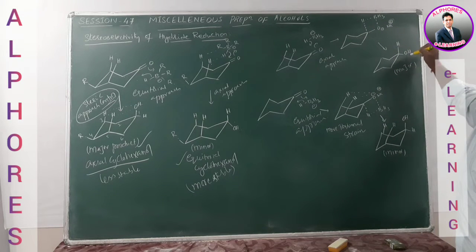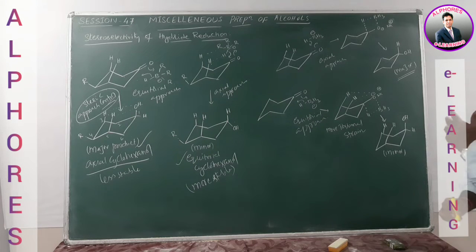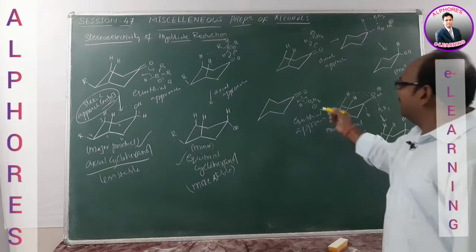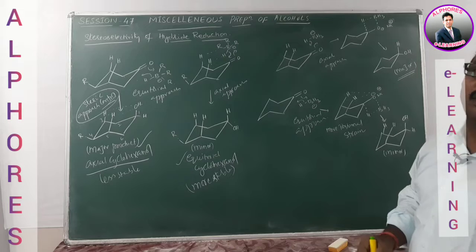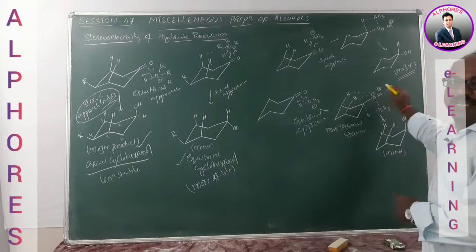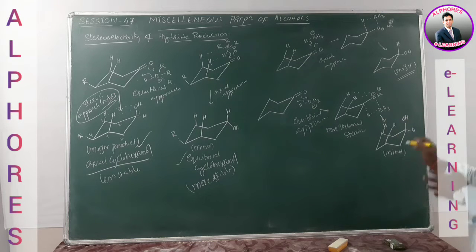Later this transition state converts into product. In this product the OH group comes to the equatorial position. This is what we call the major product. When it approaches equatorially, you are getting such a type of complex, and you are getting the axial product, which I mentioned is minor.